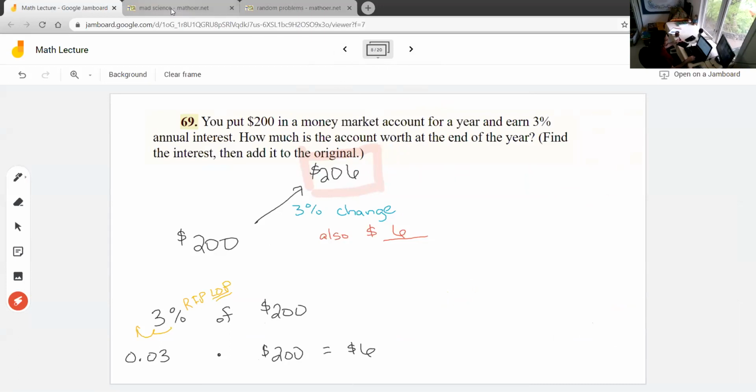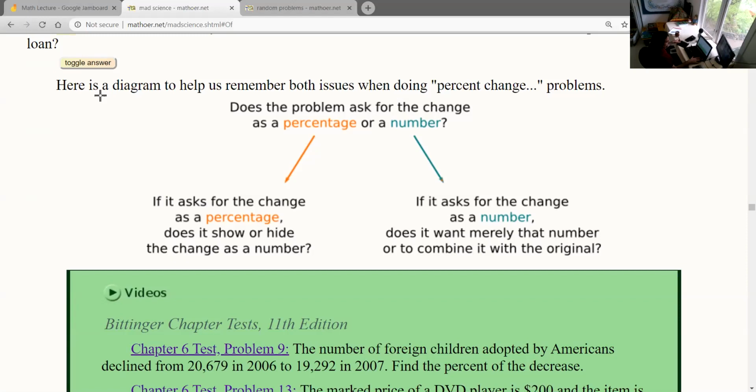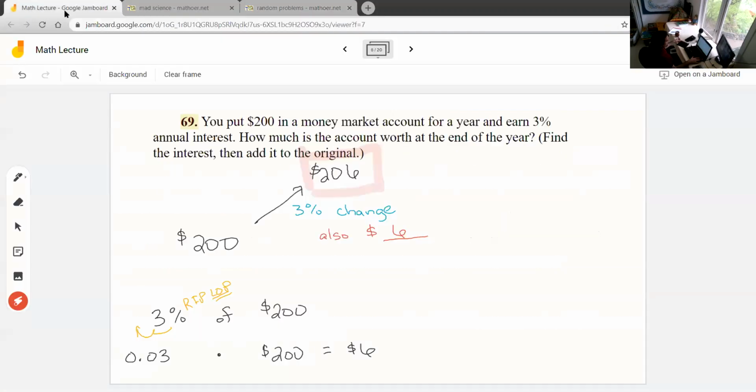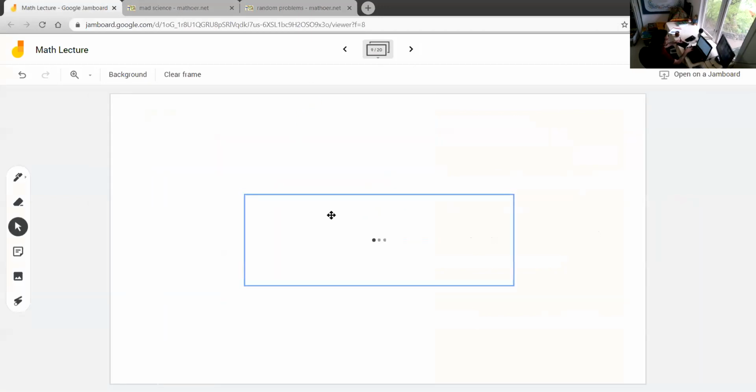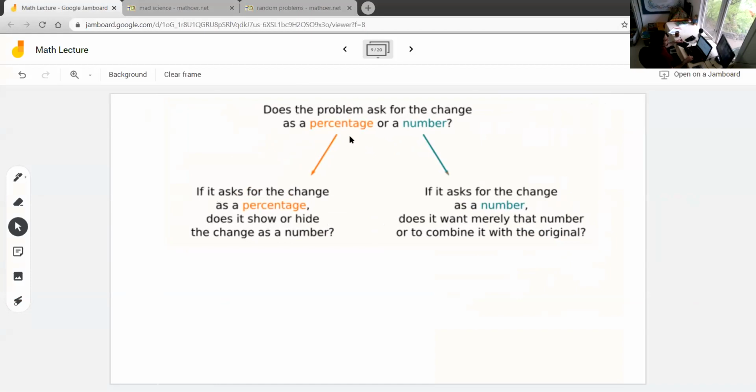This all comes together with this graphic here. I'm looking at a percent problem. If it asks me how much is the change as a number, does it just want that number, or do I have to combine it with the original?